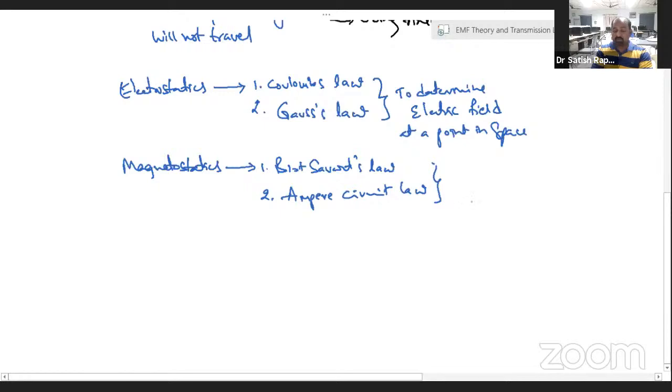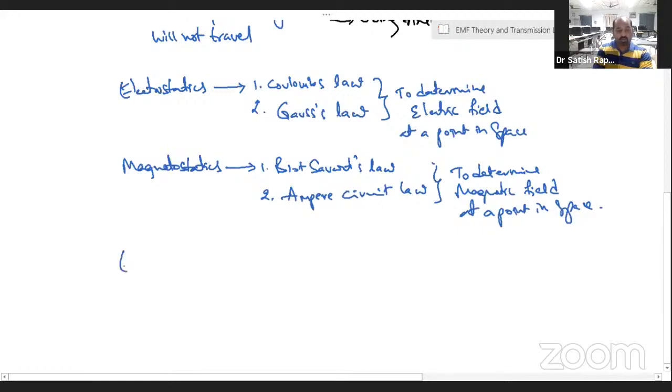Biot-Savart's law and Ampere's circuital law are used to determine magnetic field at a point in space, and those things we will see in the coming classes.